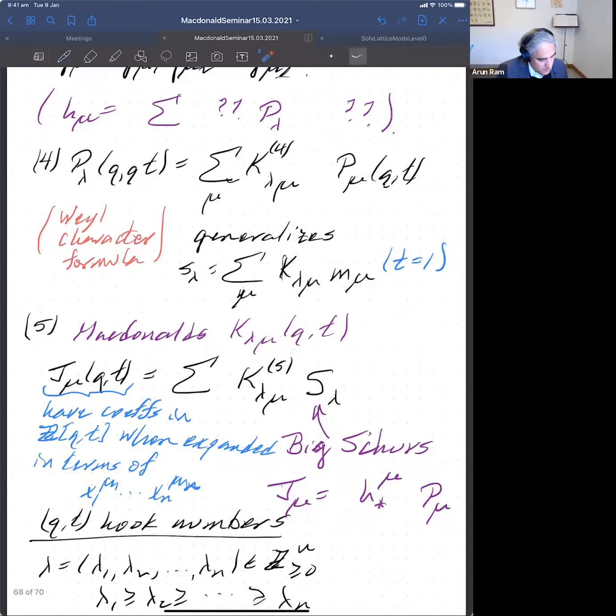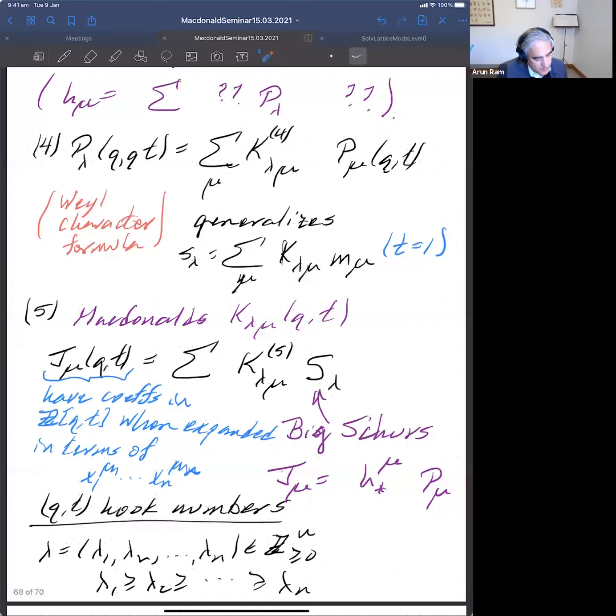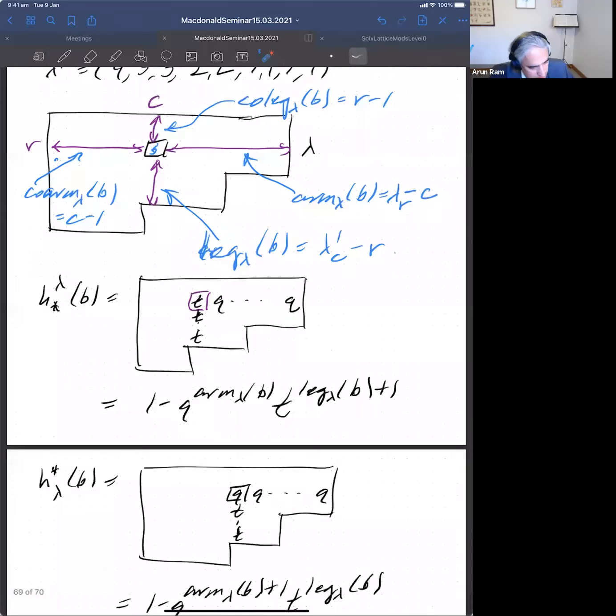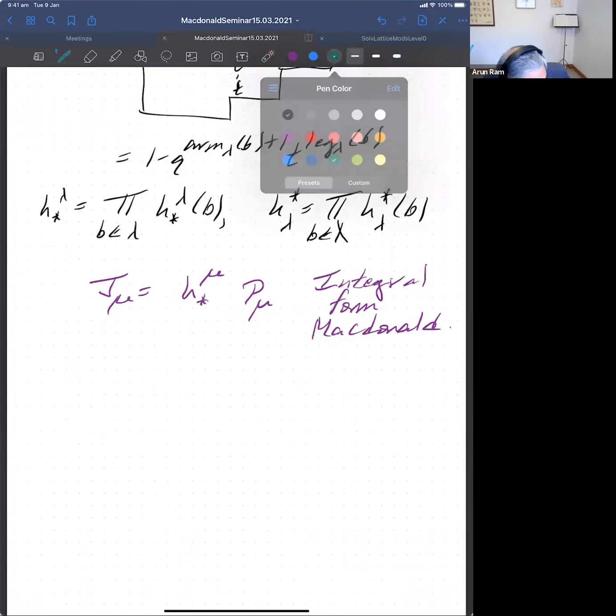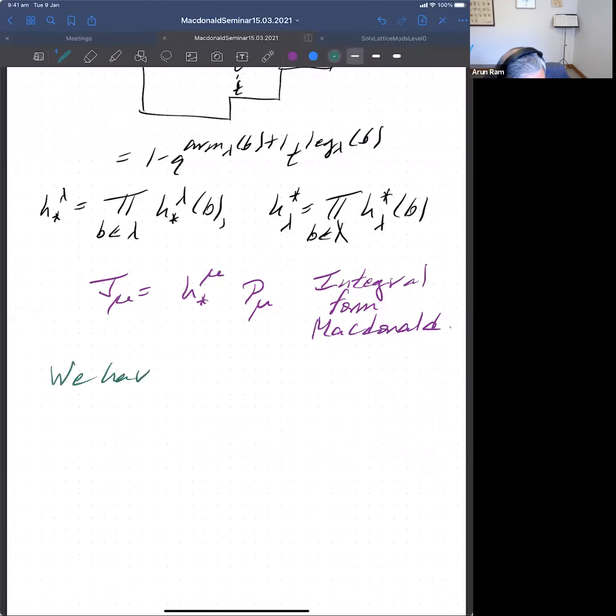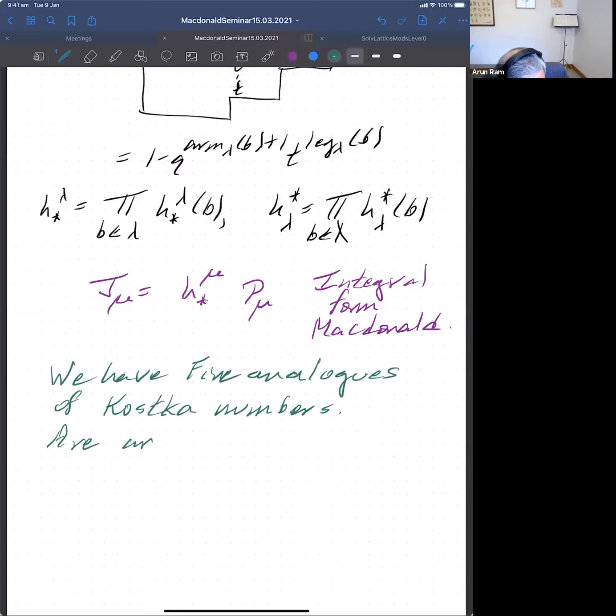Another thing I wanted to mention, while I'm thinking of it: we gave q,t analogues of Kostka numbers. So another problem, let me just state it as a problem. We have q,t analogues of Kostka numbers. Are there partition function formulas?